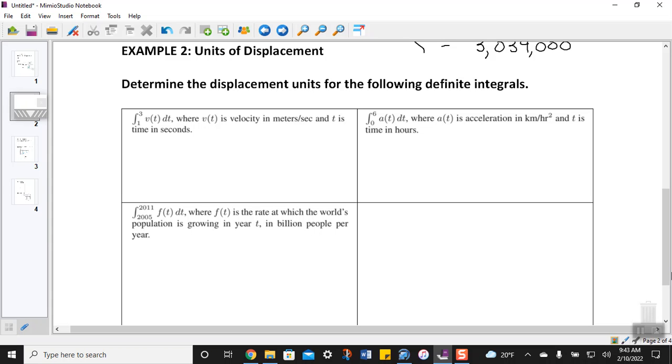We're looking at the integral from 1 to 3 of v of t dt, where v of t is what? Velocity. Measured how? Meters per second. And t is measured in what? Seconds. I just like to draw a rectangle all the time when I do these. Okay, v of t, that's the dependent axis, so v of t is going to be meters per what, kids? Meters per second. This is going to become meters per second times what? Seconds.